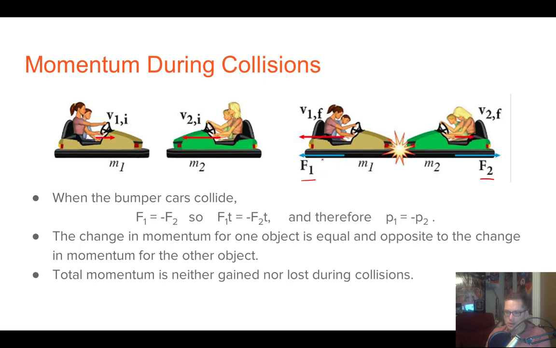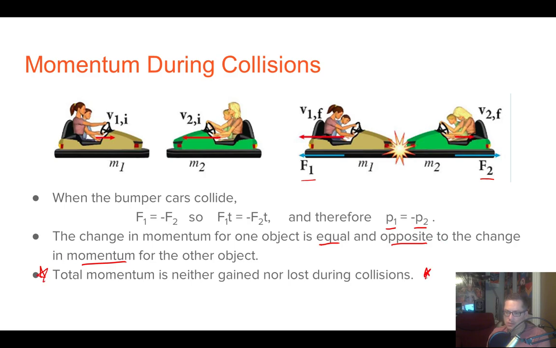Now, because the forces are equal and opposite, the momentum change of one is going to be equal to the negative momentum change of two. And so that happens when they collide with each other. So the change in momentum for one object is equal and opposite to the change in momentum for the other object. Okay, all right.